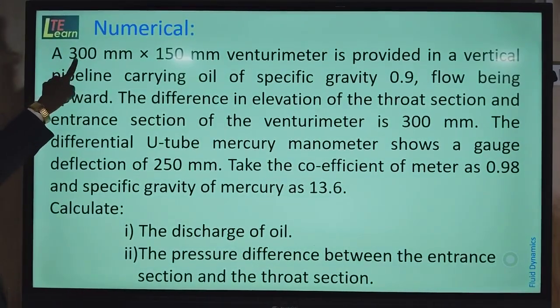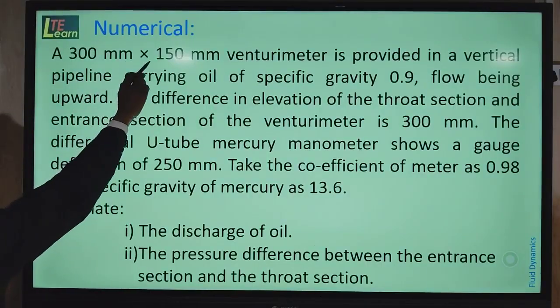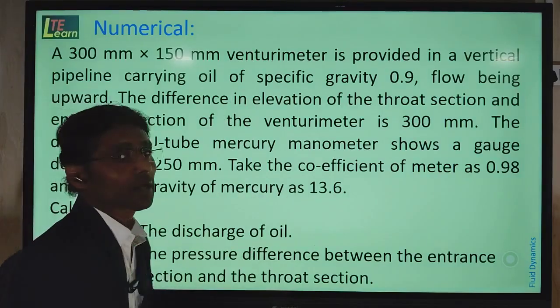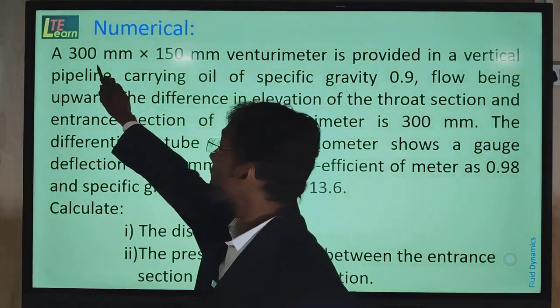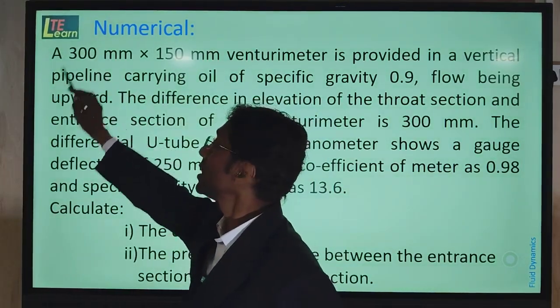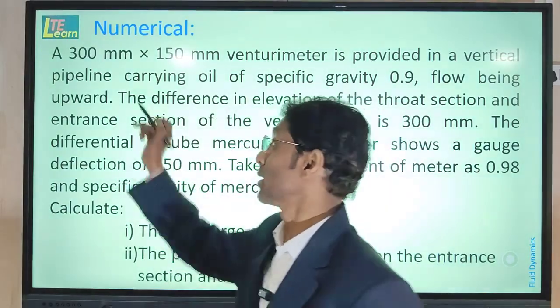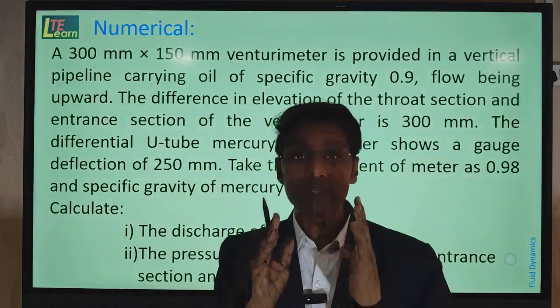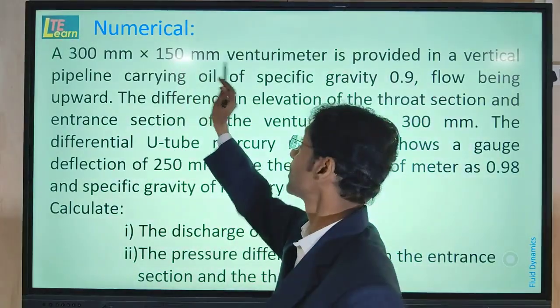The statement is: a 300 mm by 150 mm Venturimeter is provided. Here the first dimension is the pipe diameter, 300 mm, and the second dimension is the throat diameter, 150 mm.